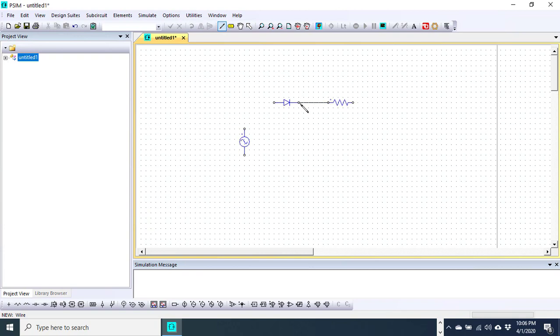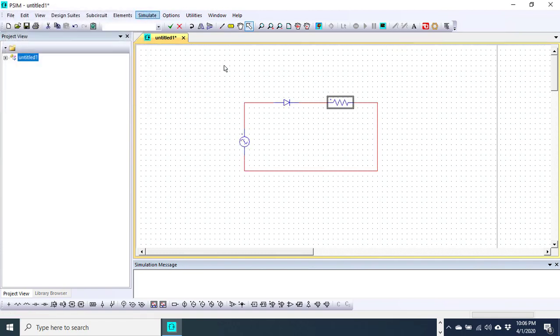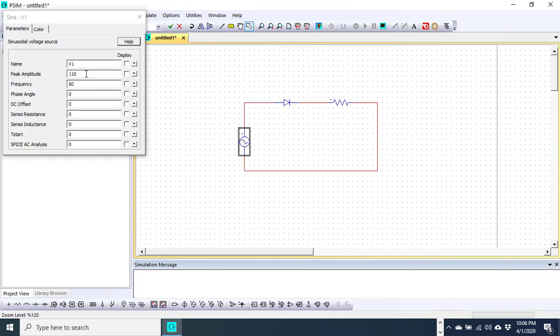I have to connect like this. Okay, so I have to adjust the load values. I have to adjust the input voltage as 220 line voltage, and the frequency is 50 Hertz.